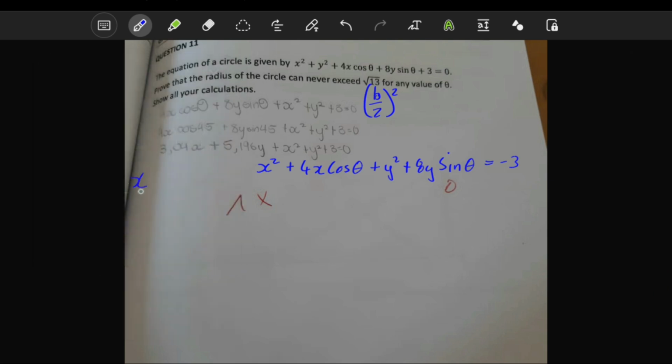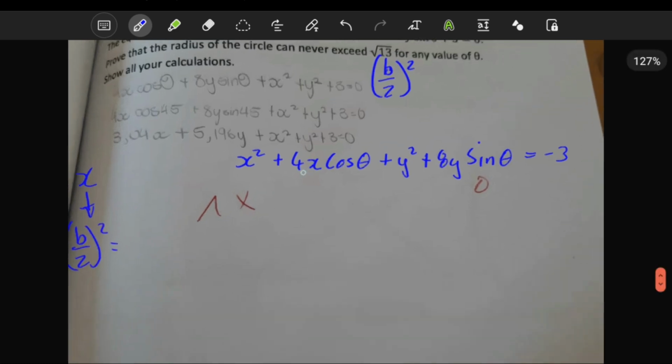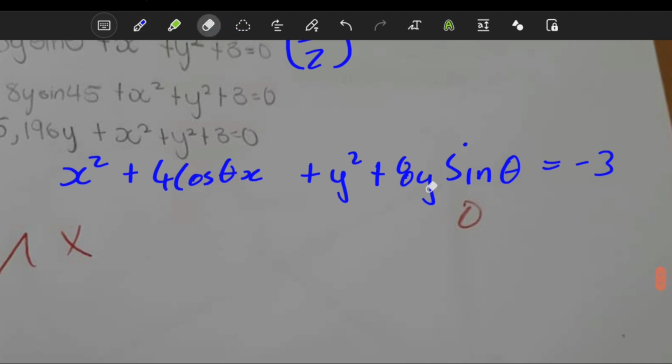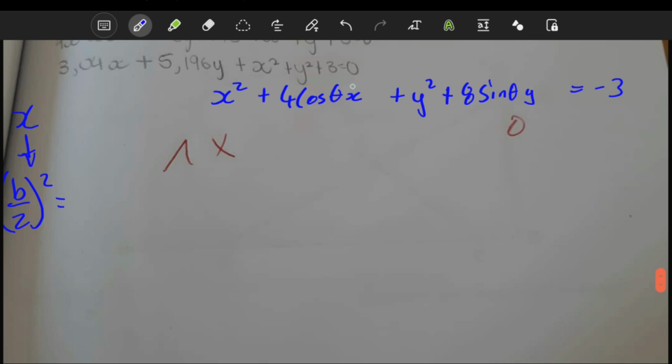So let's get the b over 2 squared thing. For the x, your b is technically 4 cos theta, because x is the variable. For the y, the coefficient is 8 sine theta. So for x it's 4 cos theta over 2, the whole thing squared.